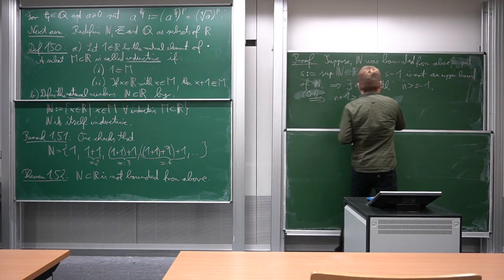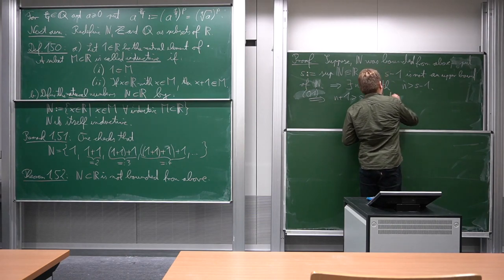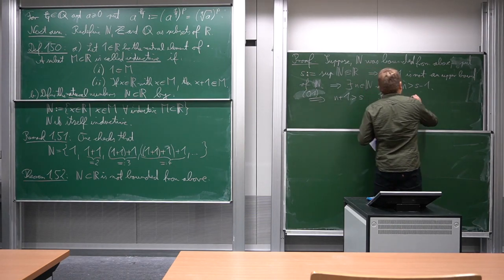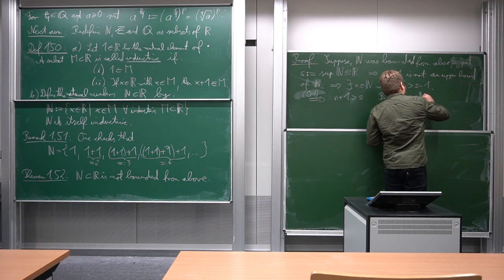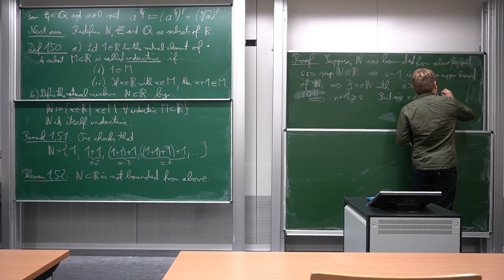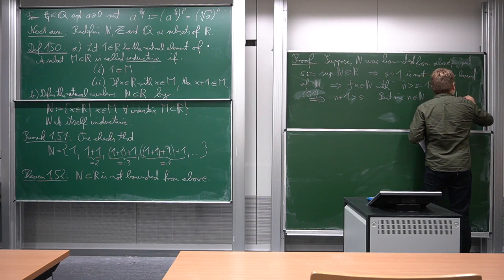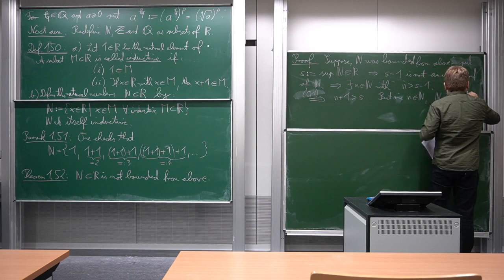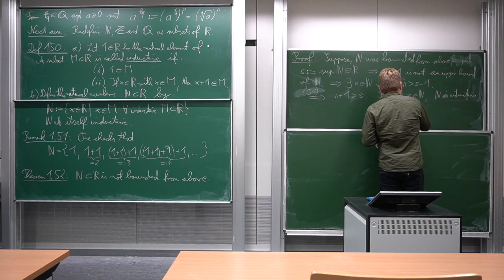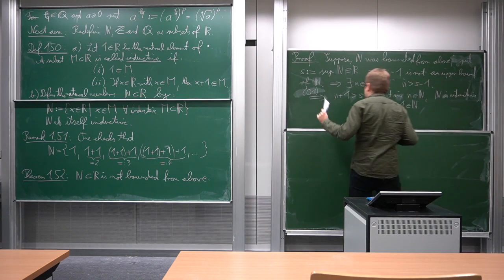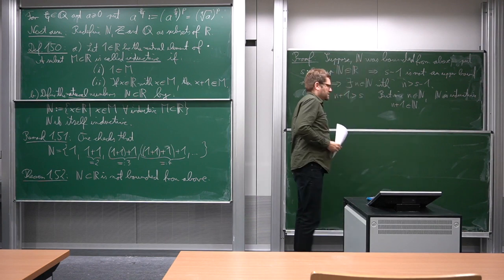But since n is an element of the natural numbers, and the set of natural numbers is inductive, it follows that n plus 1 is again an element of N, just from this formal definition by being an inductive set.